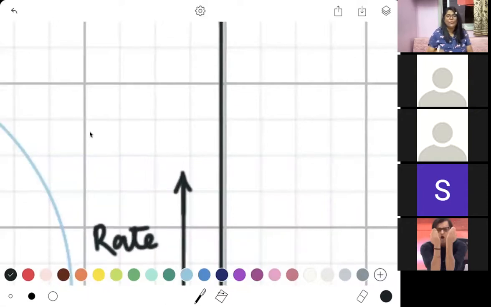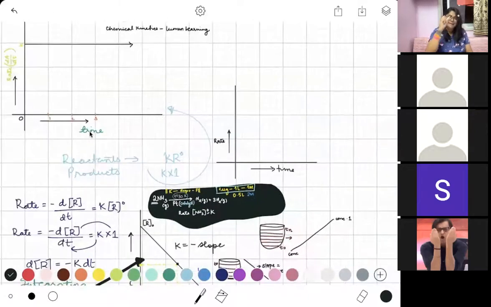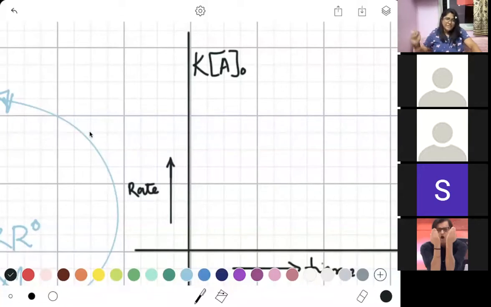Now understand what I am doing in this particular graph. Look at the first graph, a linear line for zero order. When I have my first order reaction, what I'm going to have is the rate of my A at the beginning of the reaction, and as the reaction proceeds, what I'm going to see is exponential decay.